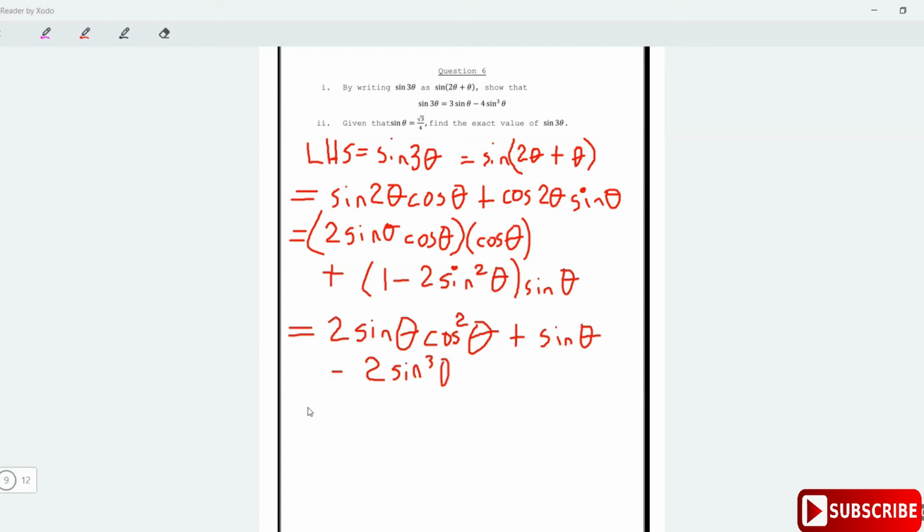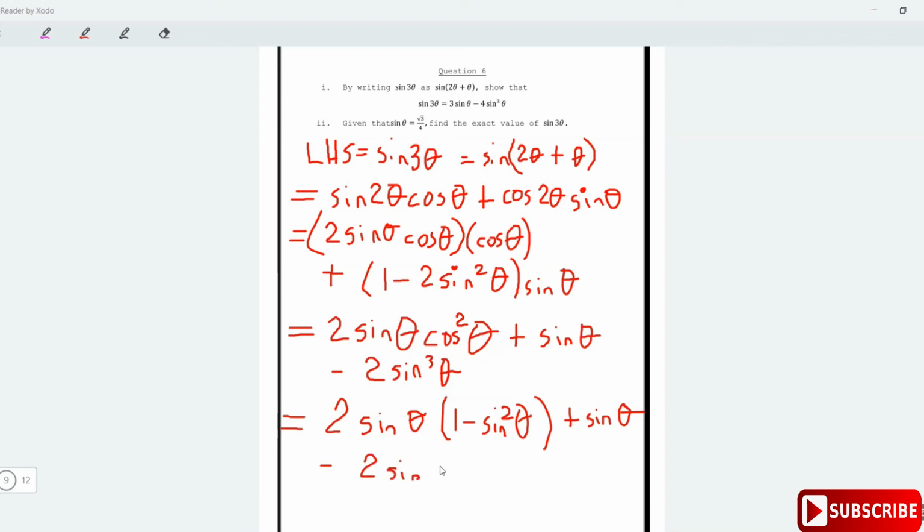Now look at this. This cos squared theta, cos squared is 1 minus sine squared, because we want everything in terms of sine. So it's going to be 2 sine theta times 1 minus sine squared theta. And remember, we're adding a sine theta, so we have plus sine theta, and then, of course, we're subtracting 2 sine cube theta.